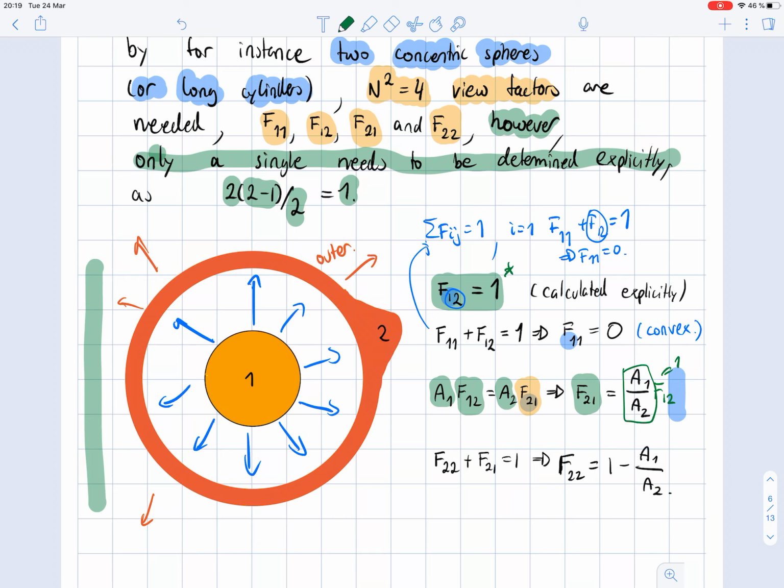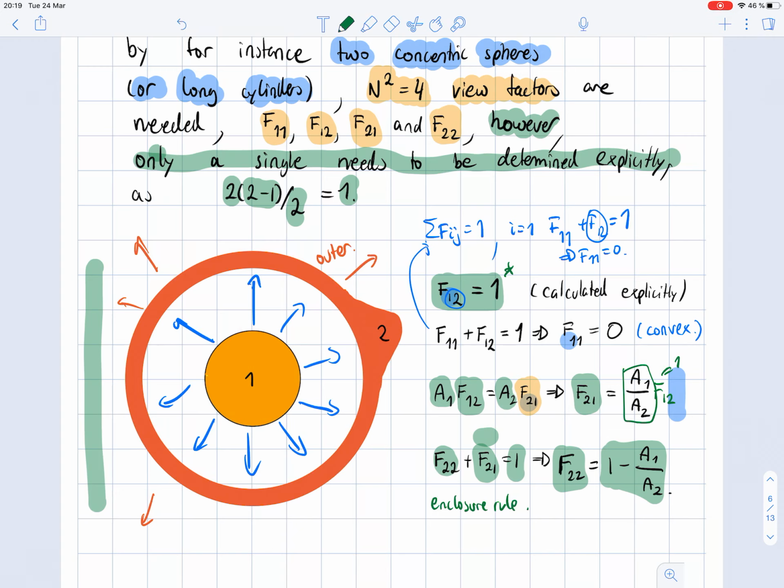Then again we can use the enclosure rule to say that F22 plus F21 again equals 1. And since we already know F21, we can from that calculate F22 as 1 minus A1 over A2.